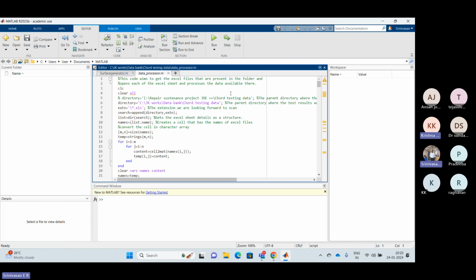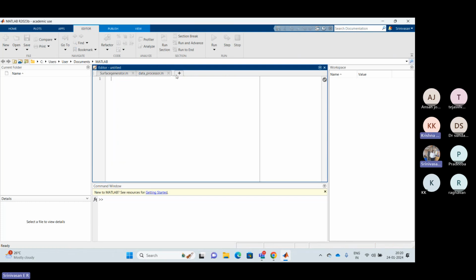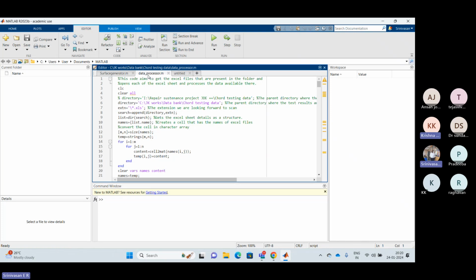In this editor, you can create a new script file, and the script file will be a compendium of various commands that you would like to execute one after the other. Now, let me say, for example, I have a script that I have written for some work of mine. Whenever I put this percentage sign, it just means that I'm going to write a comment, and the MATLAB processor is not going to execute that particular line.